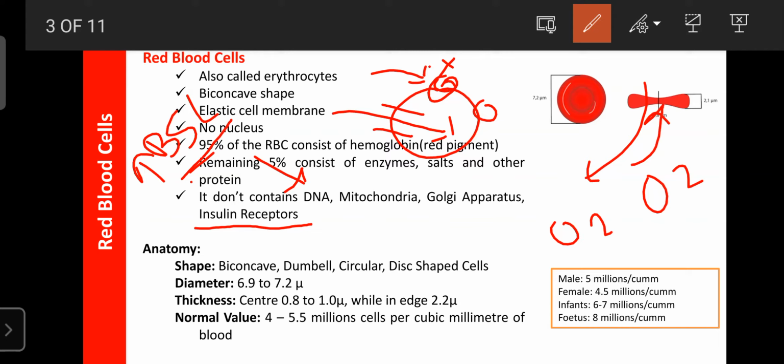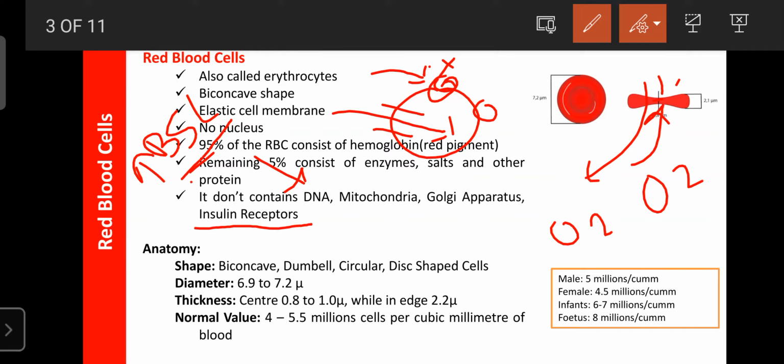So regarding the anatomy, RBCs are biconcave or dumbbell-like structures, as well as circular and disc shaped. The biconcave center surface helps the easy entry and exit of oxygen. The average diameter is 6.9 to 7.2 microns.